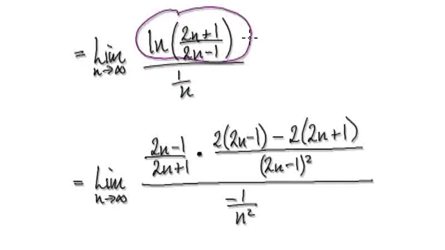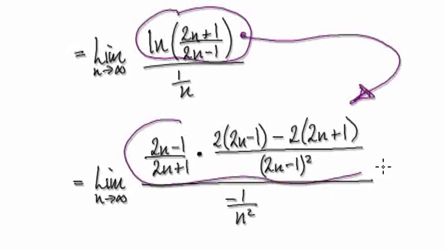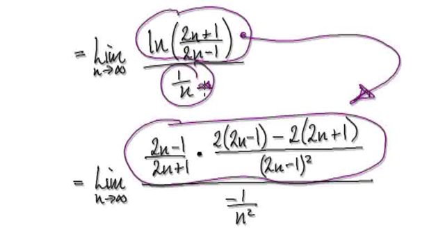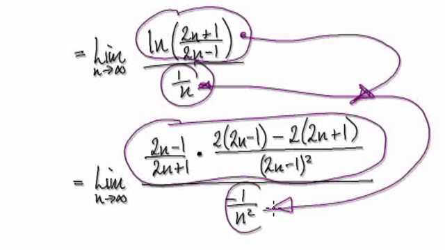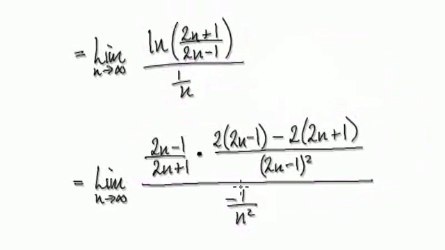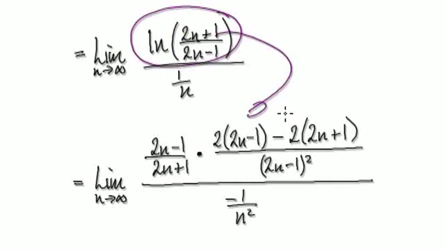So applying L'Hopital's rule, differentiate this. That will then give you this ugly thing, and then differentiate this. That will then give you this thing here. By the way, to differentiate this, in your mind, visualize it. If you differentiate this, it will give you this.